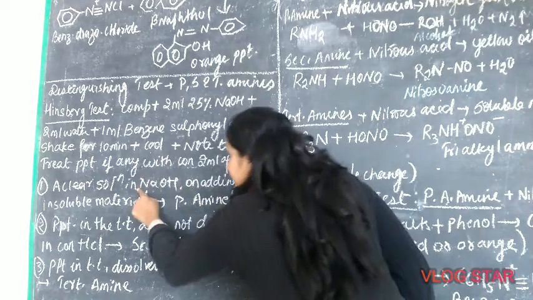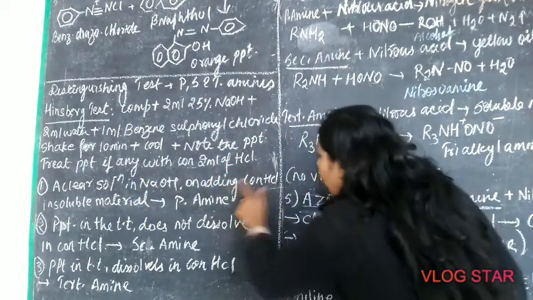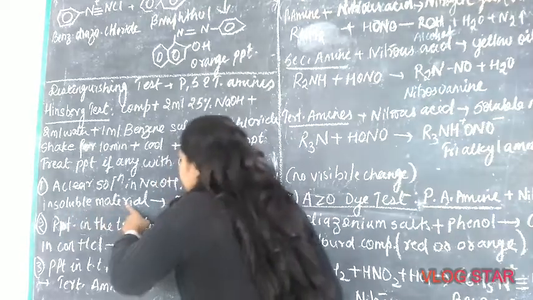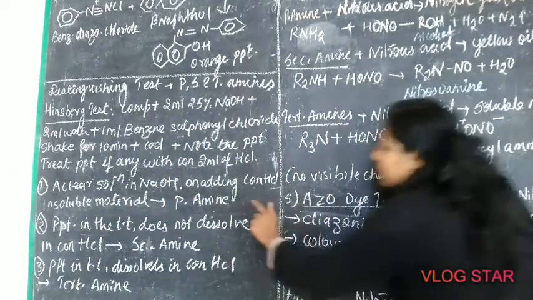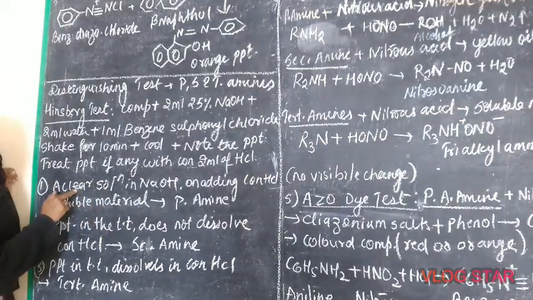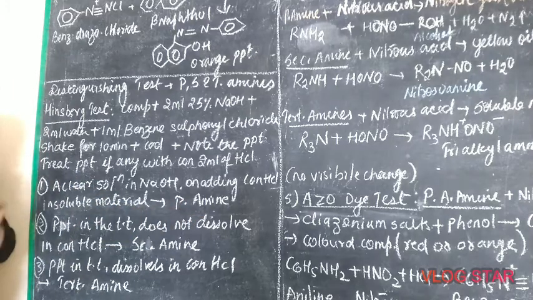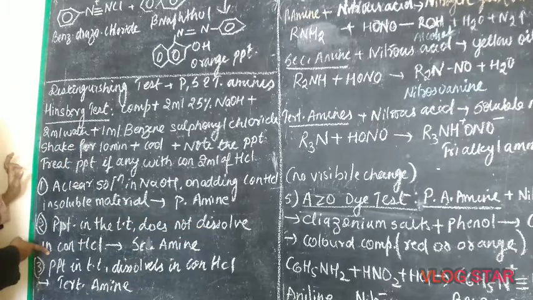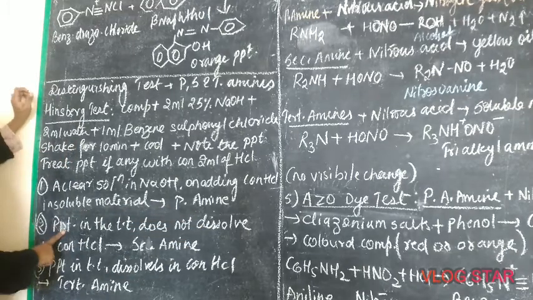If you get a clear solution with NaOH, and then on adding concentrated HCl an insoluble material is formed, that means primary amine is present. If you get a precipitate that does not dissolve in concentrated HCl, children, this is very important.